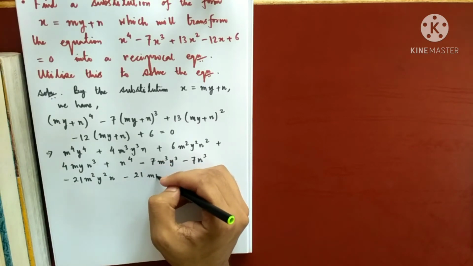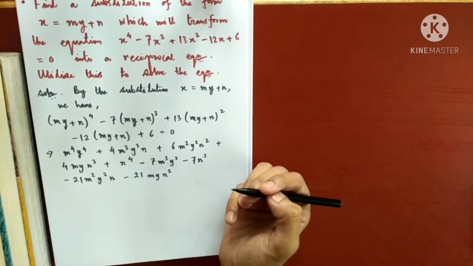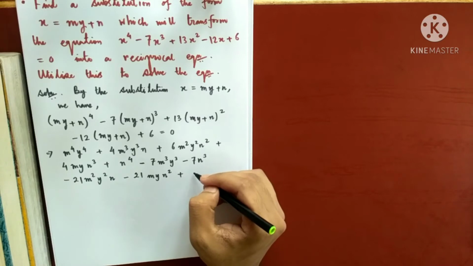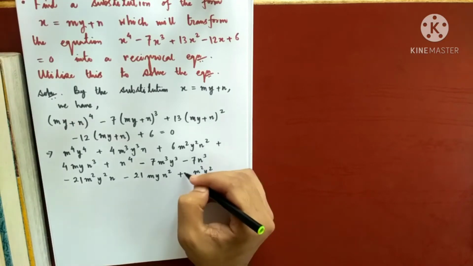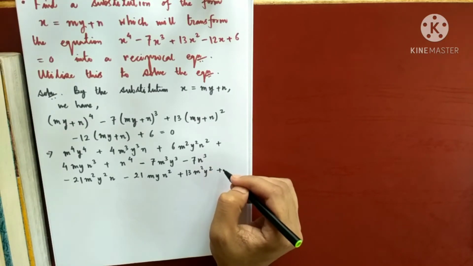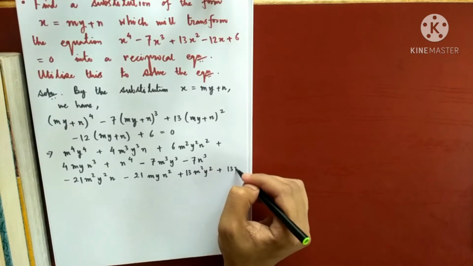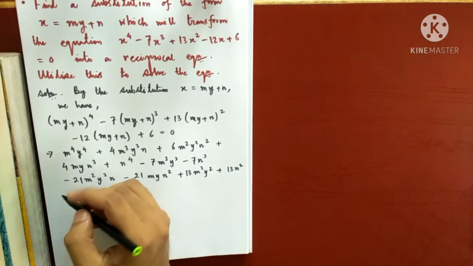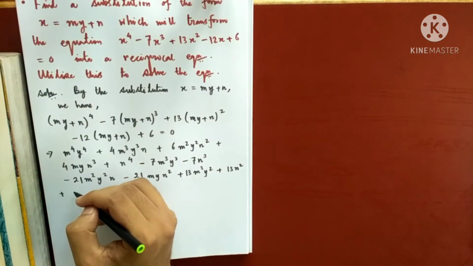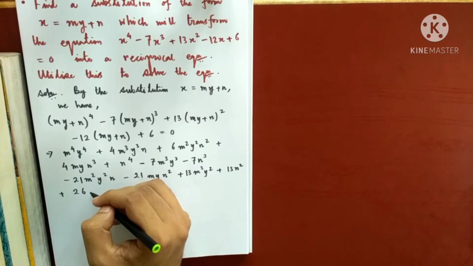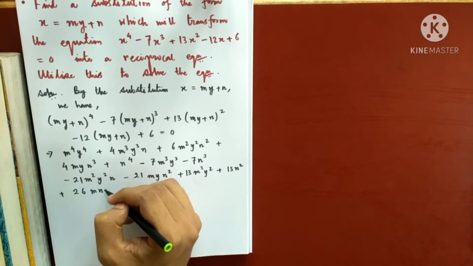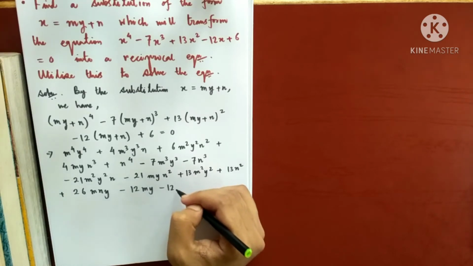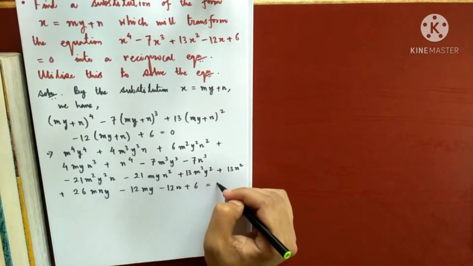And then a plus b whole square, that means a square multiplied with 13, plus b square multiplied with 13, plus 2ab multiplied with 13, 26 mny, minus 12my, minus 12n plus 6 equals 0.